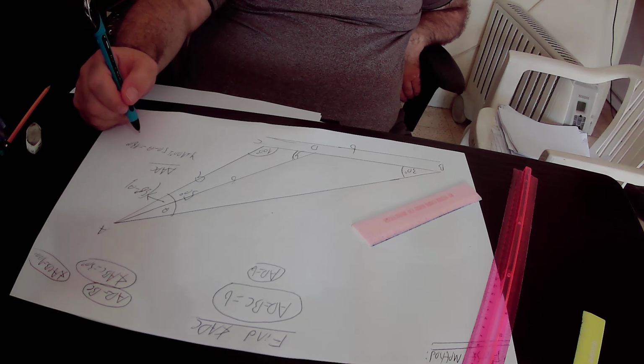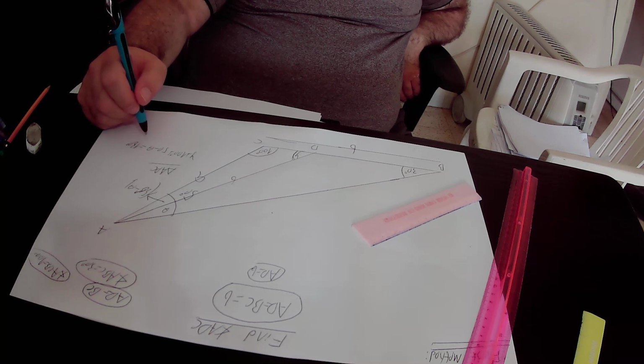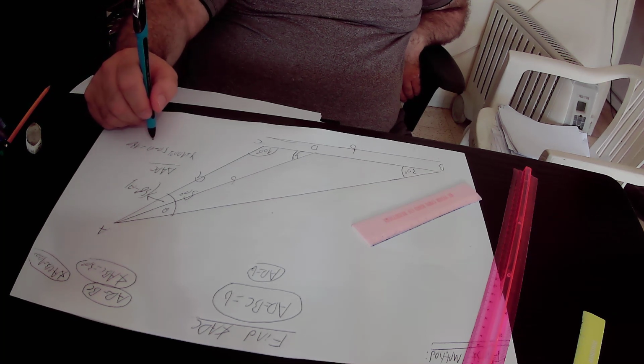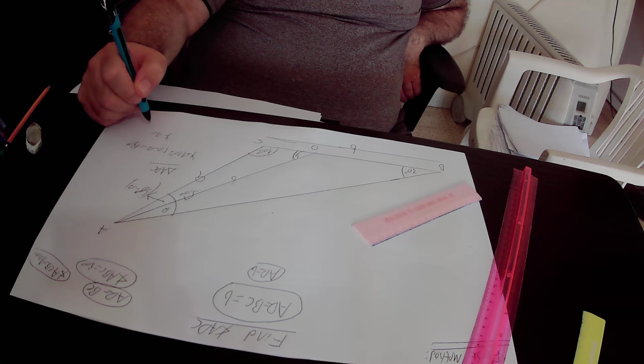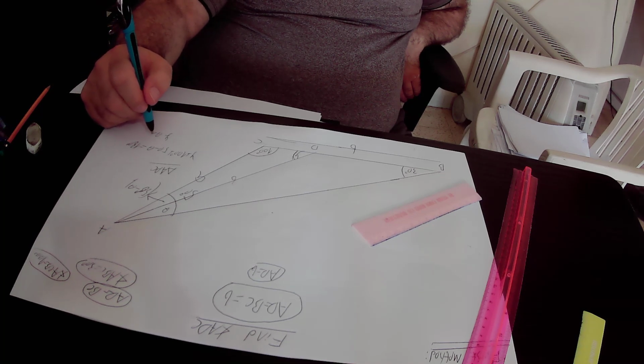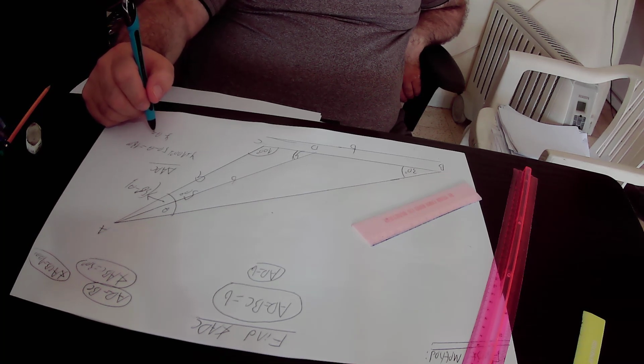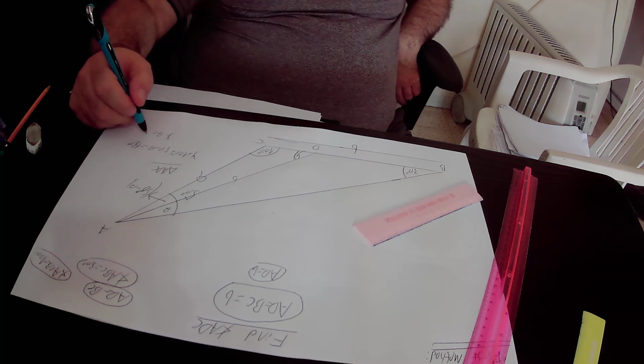Here we will subtract 150 degrees from this equation, and we will get that y minus theta equals 180 degrees minus 150 degrees, which is 30 degrees.